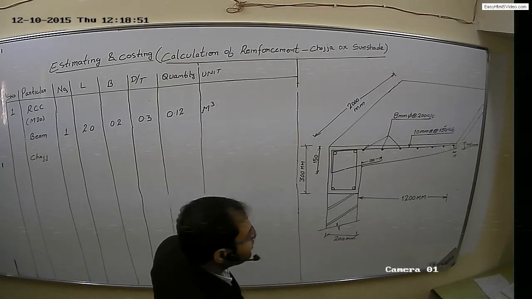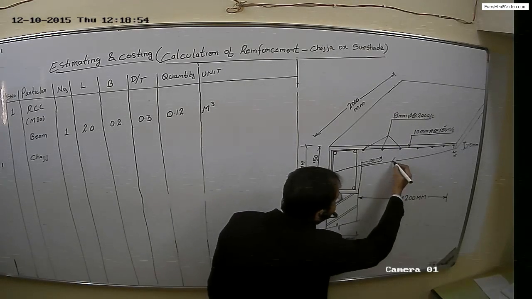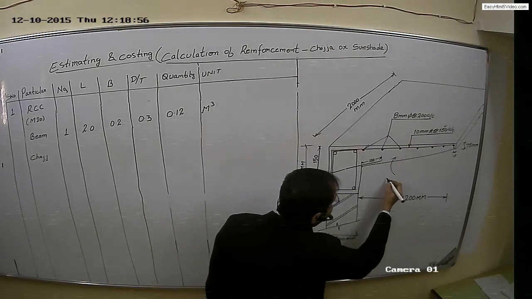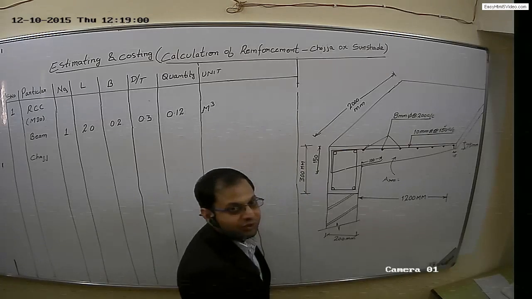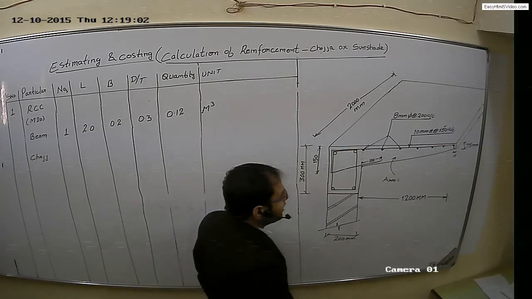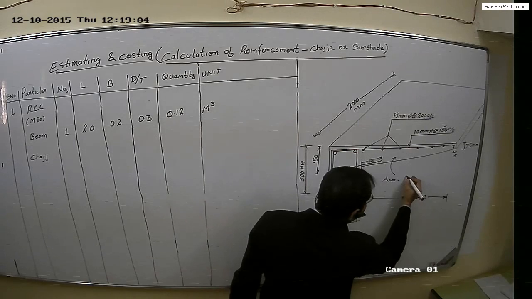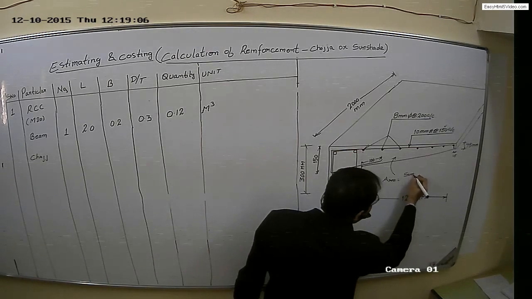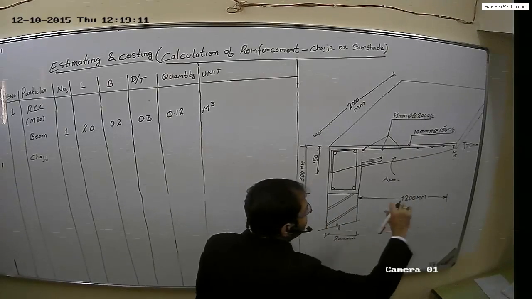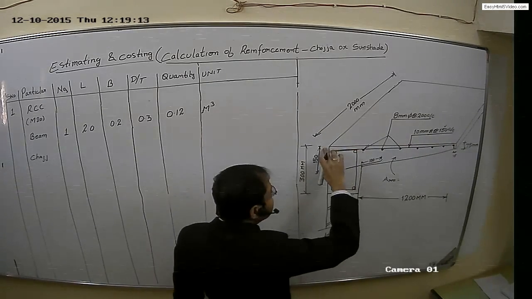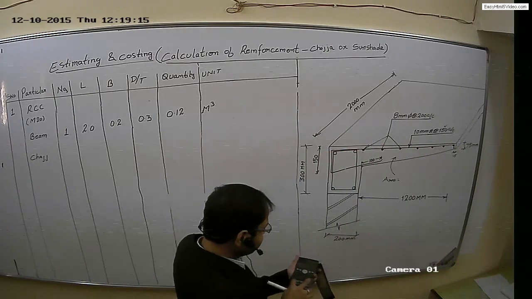So first we have to find out this area. Of course, it's a trapezoid, so the area of a trapezoid will be the sum of parallel sides by 2 into height.